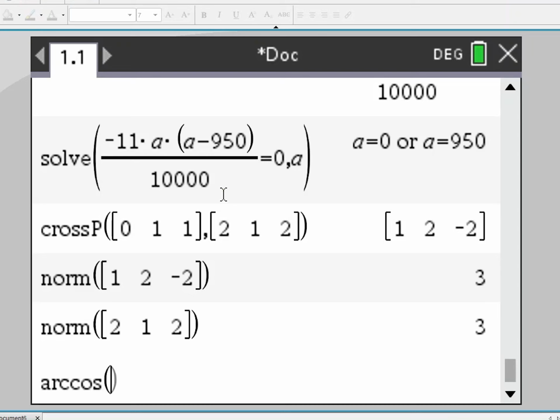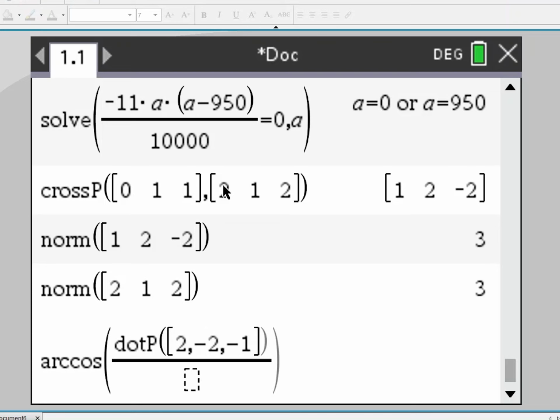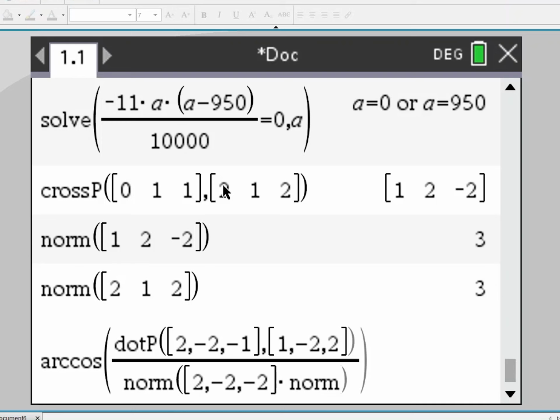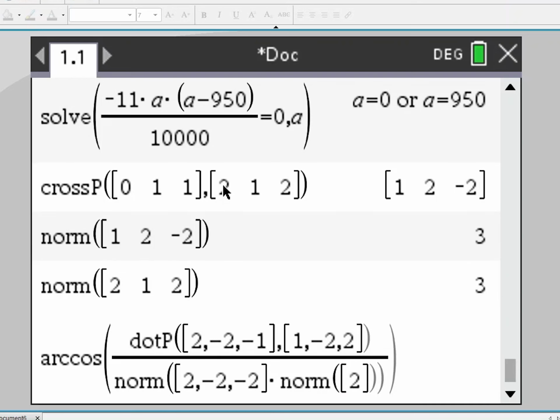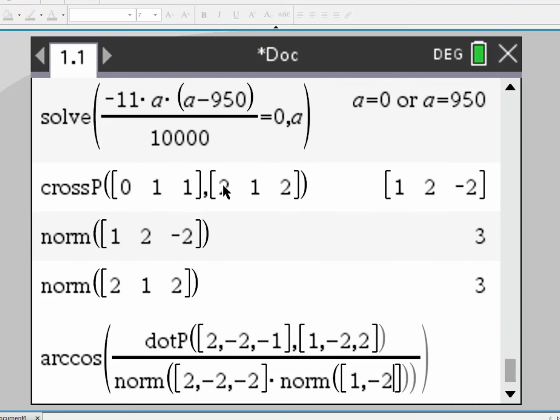And then we have the dot product of (2, minus 2, minus 1) and (1, minus 2, 2), and the norm of (2, minus 2, minus 1) times the norm of (1, minus 2, 2), enter.